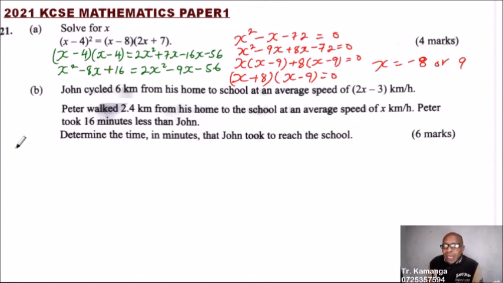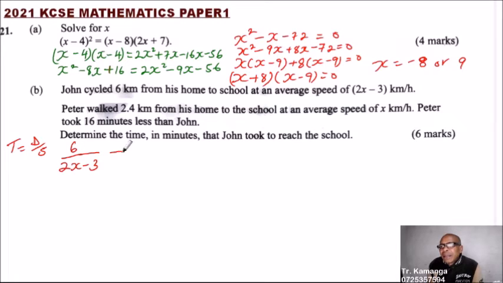Now, we normally say time is equal to distance over speed. So for the time taken by John, we are told Peter took 16 minutes less than John. So the time taken by John is 6 divided by the speed, which is 2x minus 3.